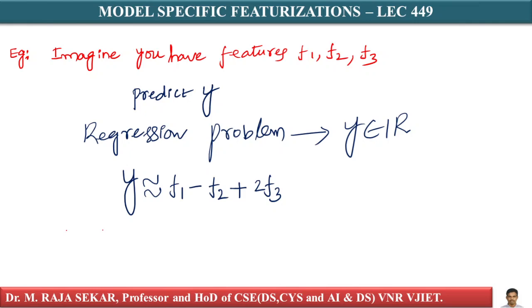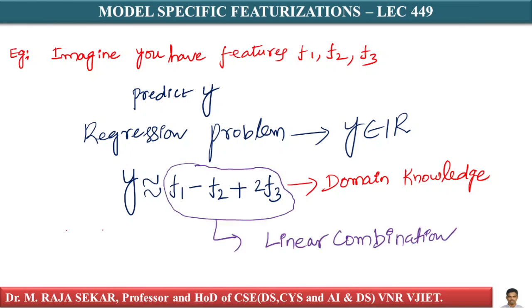You know this from domain knowledge, which means you know that y can be achieved with a linear combination of F1, F2 and F3. You can predict y roughly by having some linear combination. Let me say we identified this linear combination with the help of domain knowledge: F1 minus F2 plus 2F3 is a linear combination of the features.